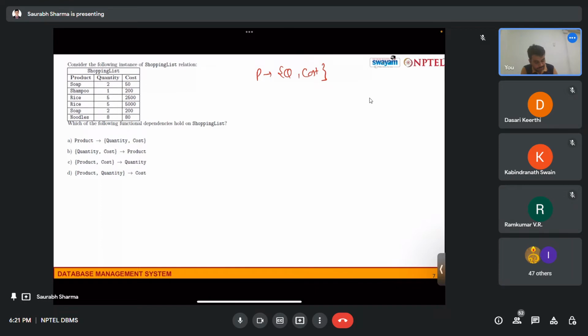Okay, so let's see, is it so? Product is there. If we are taking soap, there is a unique. Okay, we can first decompose it.